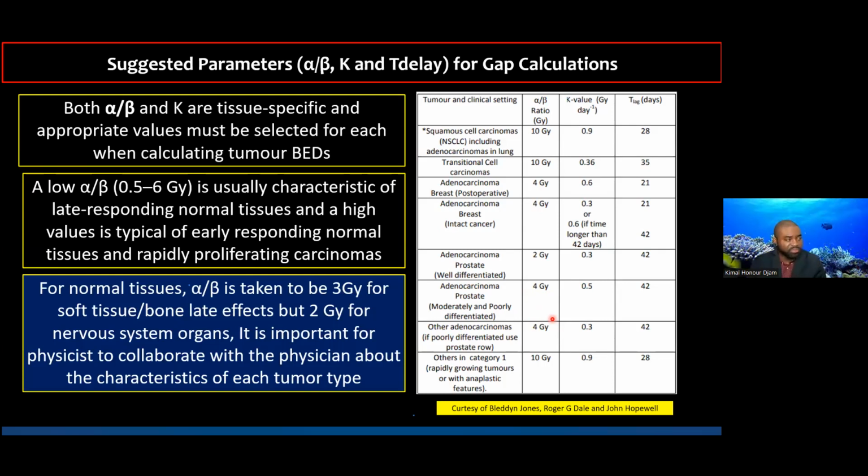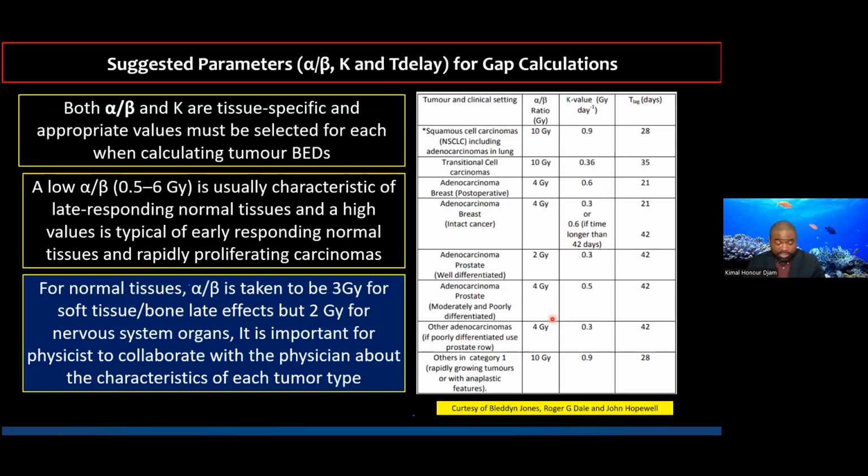Remember, a low alpha beta ratio between 0.5 and 6 gray is usually characteristic of late responding normal tissues, and a high value is typically characteristic of early responding normal tissues or rapidly proliferating tumor cells. For normal tissues, it is okay to assume an alpha beta ratio of 3 gray for soft tissue and bone, but 2 gray for nervous system organs, including the spinal cord.